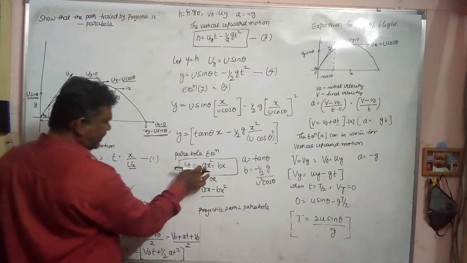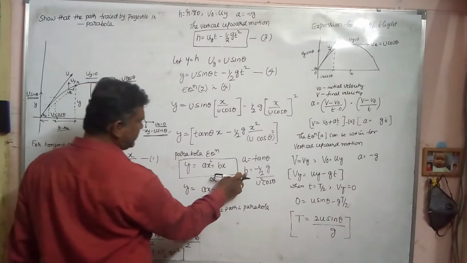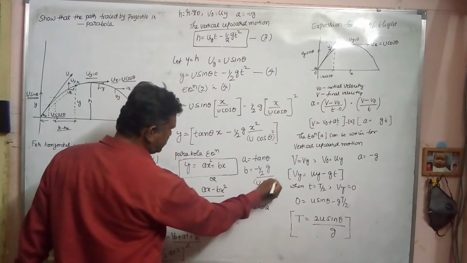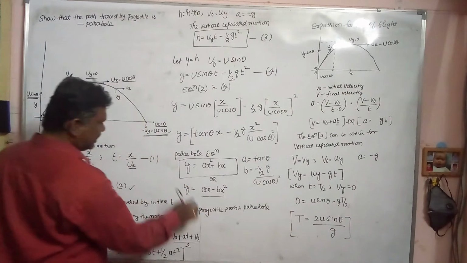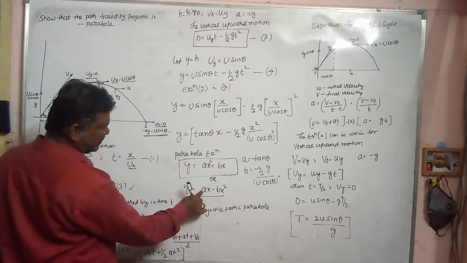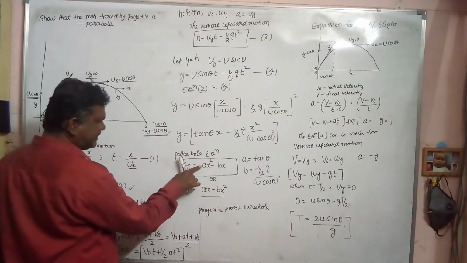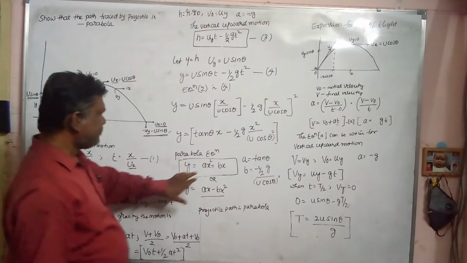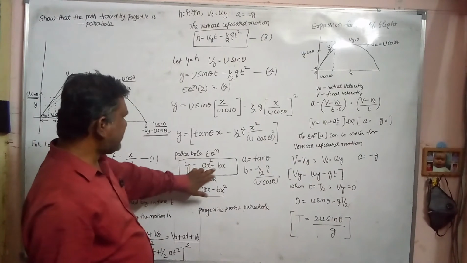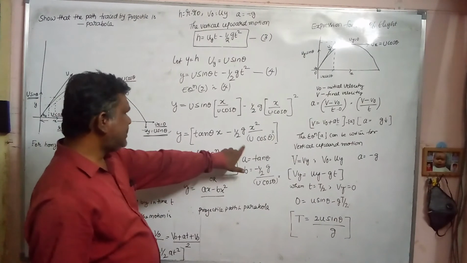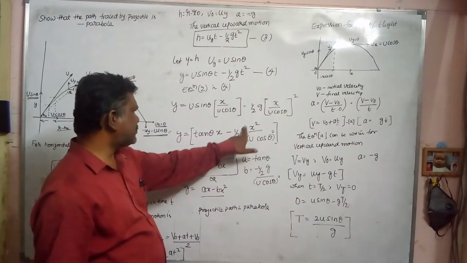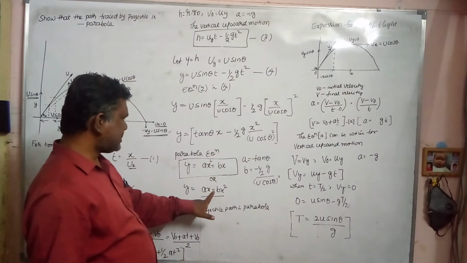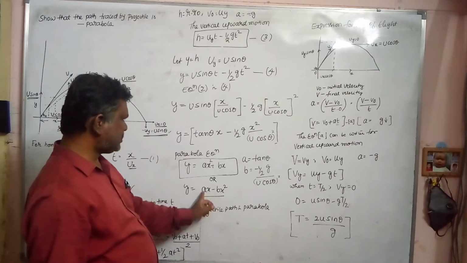Next, y is equal to ax square plus bx, and here b is equal to minus 1 by 2 g by u cos theta square. Or y is equal to ax minus bx square. Maybe either in this form or in this form. If you take the ax square plus bx form, this suits the ax square form and this is the bx form. Either way, just change the sign and the constants also.